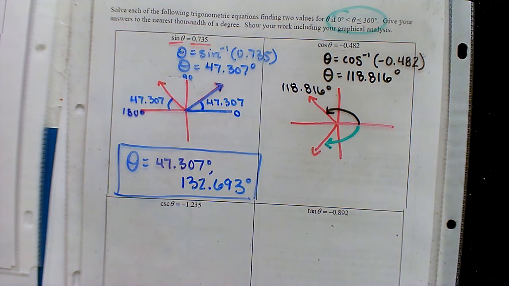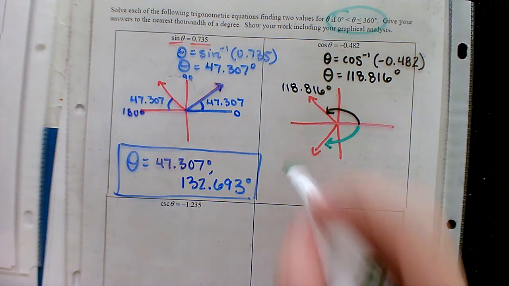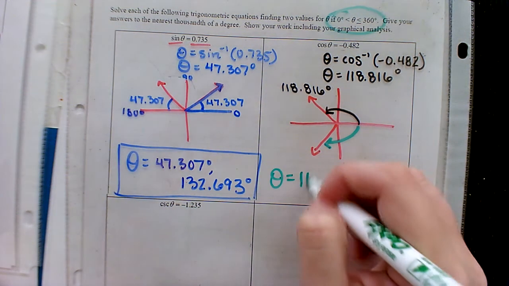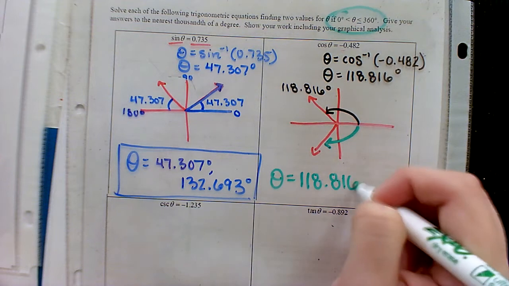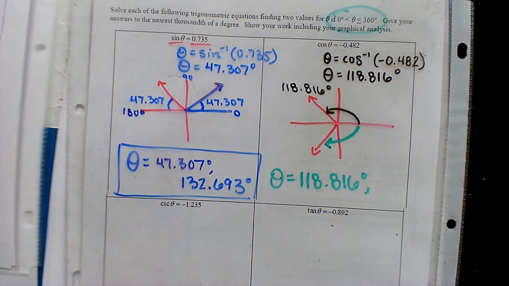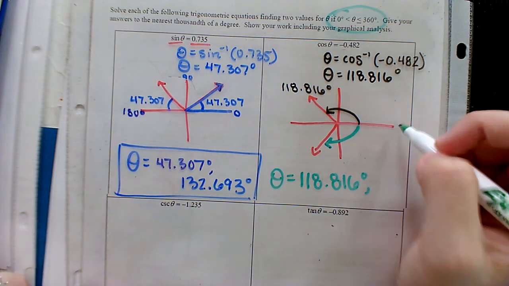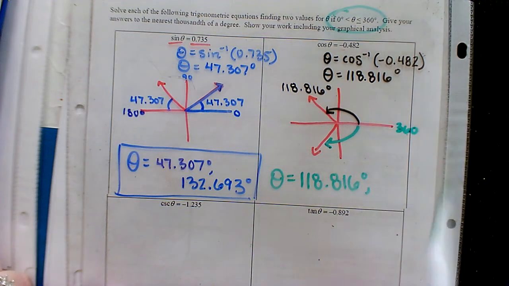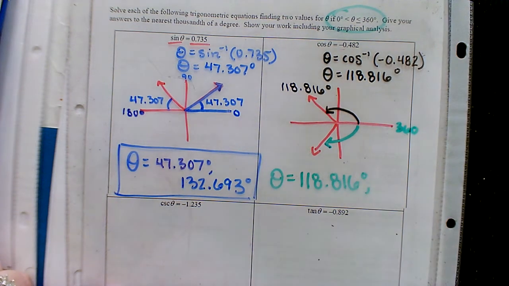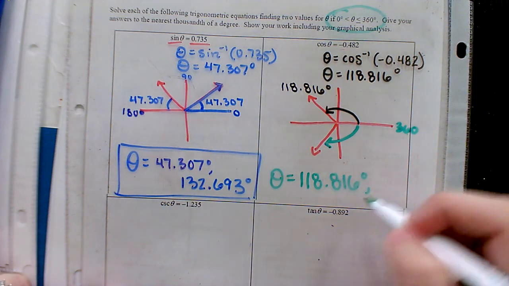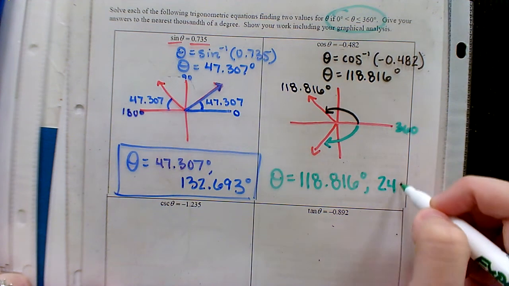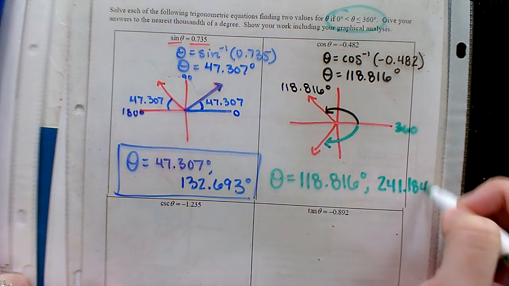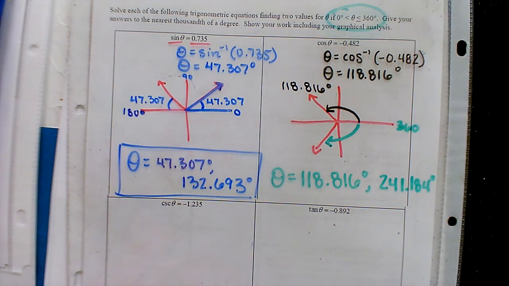Wouldn't that land us in quadrant 3? How can we figure out that other angle or degree measurement? From 360, right? So 360, if you were to do a full circle, we'll go backwards 118 degrees. So we would get 241.184 degrees.